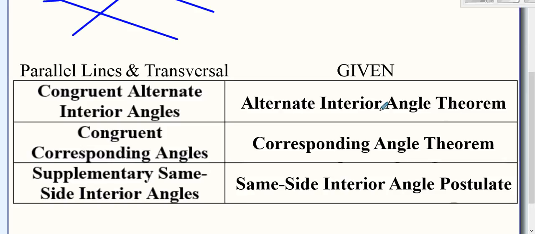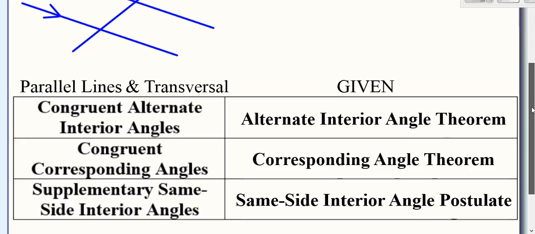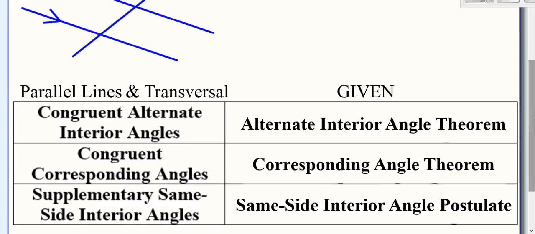And their reasons: alternate interior angle theorem, corresponding angle theorem, or same side interior angle theorem. You pick and choose whichever of those you need for the proof, depending on which angles you're trying to tie together. But you do need to remember how to identify each of these. That's the important part.